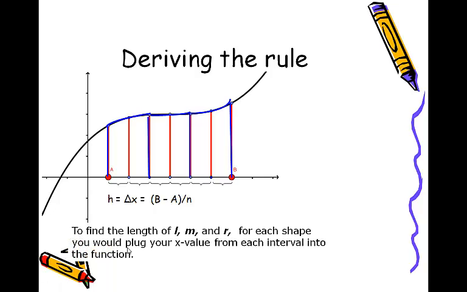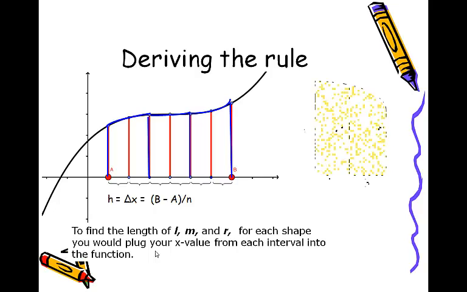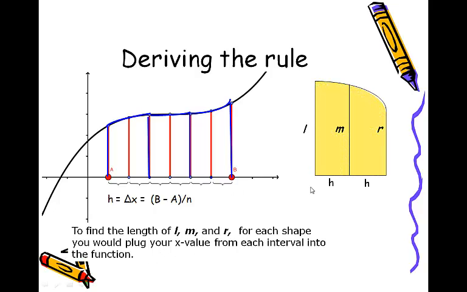Secondly, we need to figure out how to find the L, M, and R from the area formula. So just as a quick reminder, L, M, and R are those 3 vertical heights of the shape. Well, like with the trapezoid rule, we just take our x coordinates, we plug them into the function to figure out how high they go, and we get those as our heights.